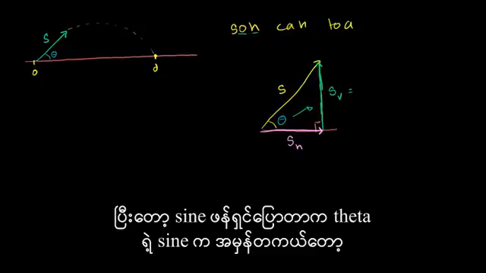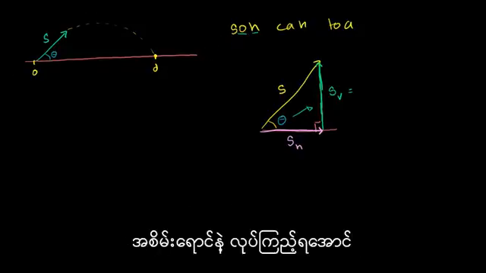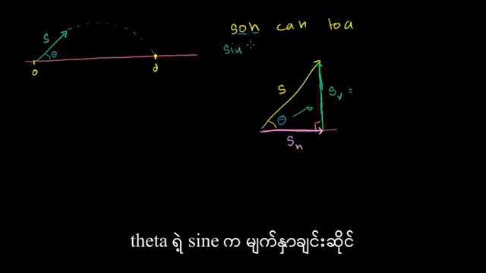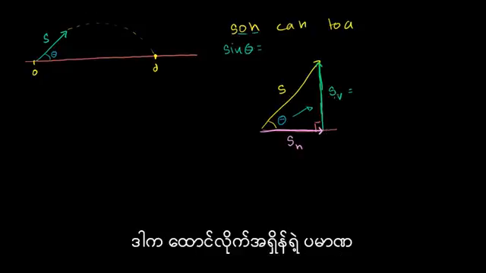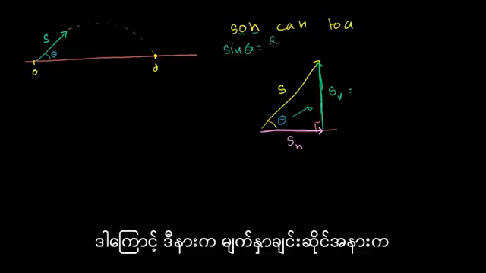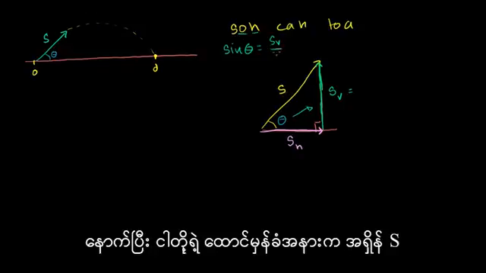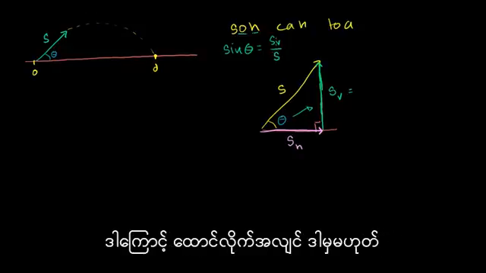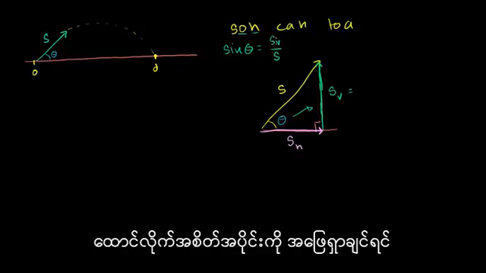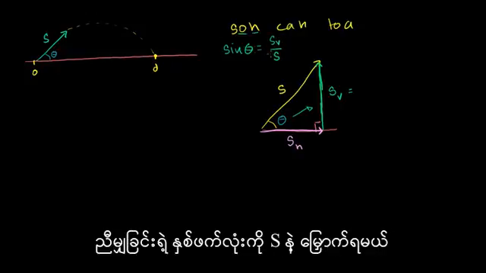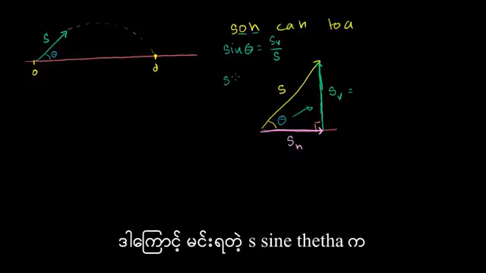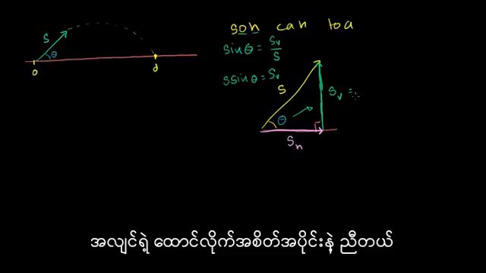And the sine function tells us that sine of theta, actually, let me do this in green, since we're doing all the vertical stuff in green, is equal to opposite, which is the magnitude of our vertical velocity, over our hypotenuse, and our hypotenuse is the speed s. And so if we want to solve for our vertical velocity, we multiply both sides of this equation by s. So you get s sine of theta is equal to the vertical component of our velocity.